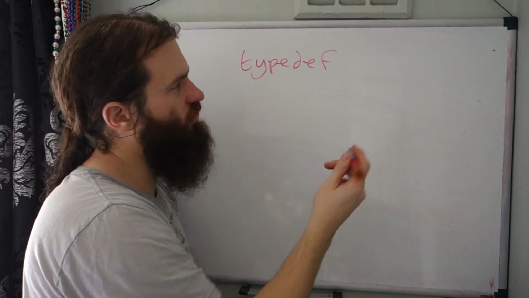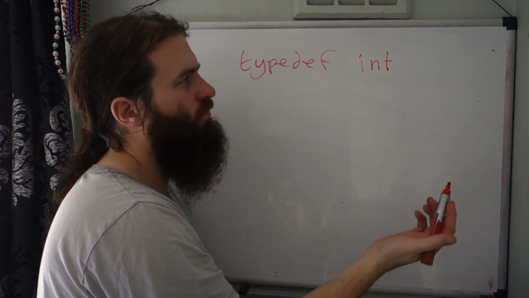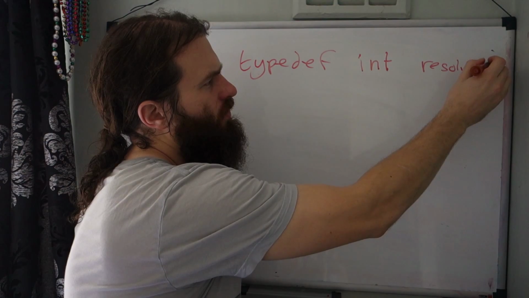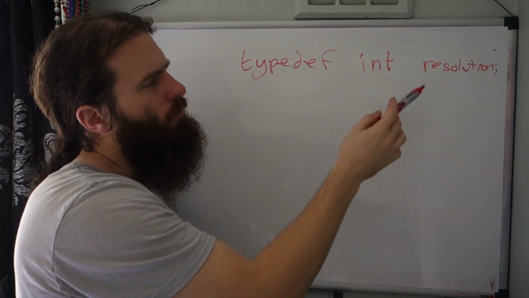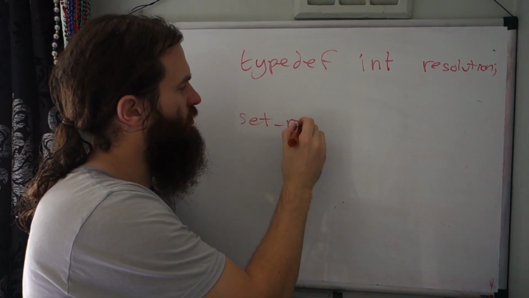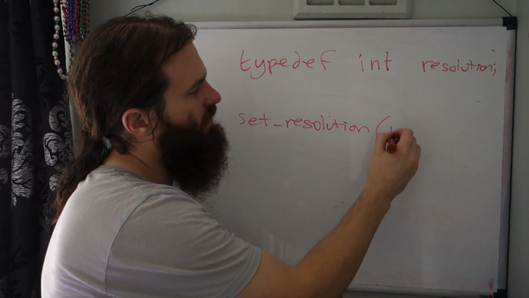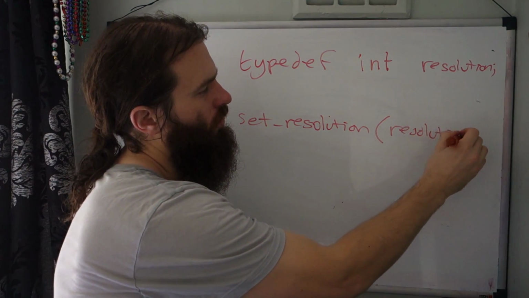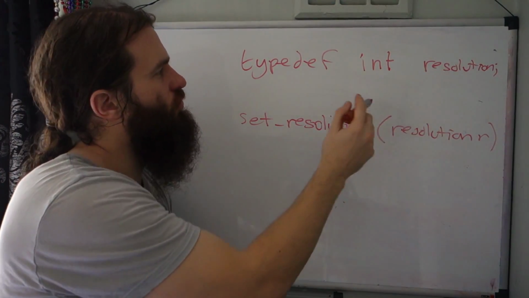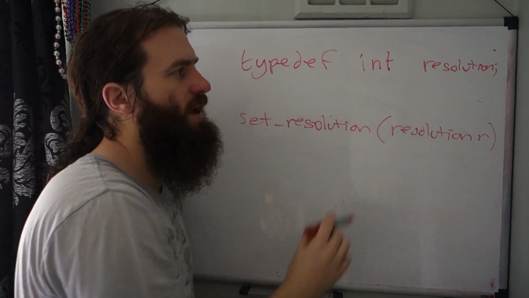So just to show you, we could say typedef int resolution, if we wanted to give a more readable name to the variables. We could then say resolution R, and that would be equivalent to saying int R, but we're creating a new type name. So it's typedef, then an actual valid type that already exists, and then a name for that type.